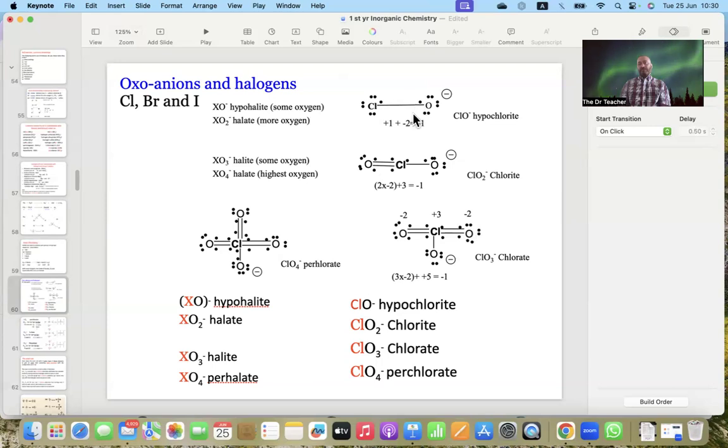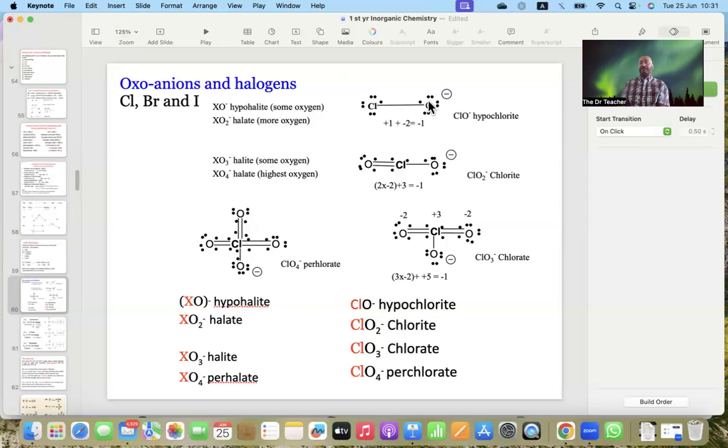When there is 1 oxygen with the chlorine, the outer shell of chlorine has 7 electrons. You remember the atomic number of chlorine is 17. So it will end up with 3s2, 3p5. So 2 and 5 will be 7.